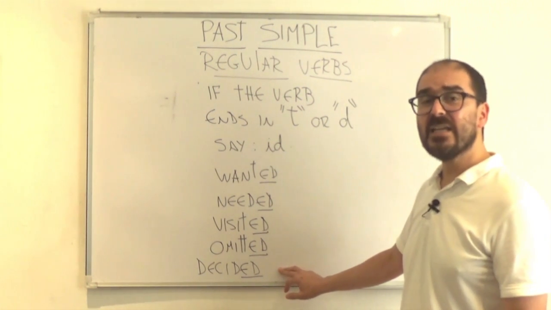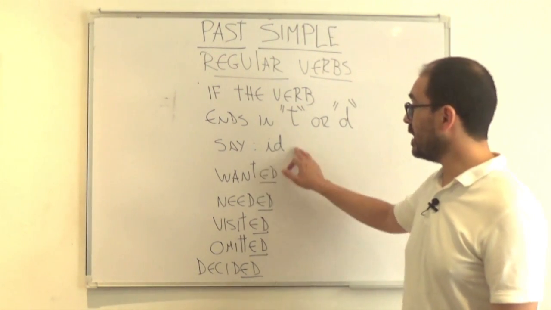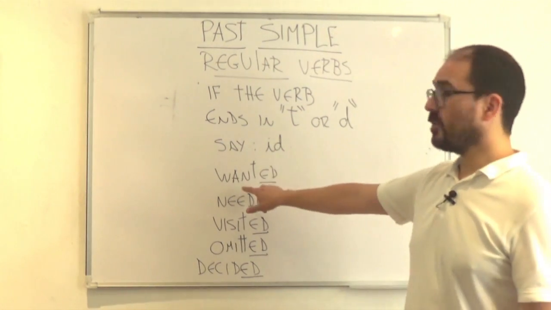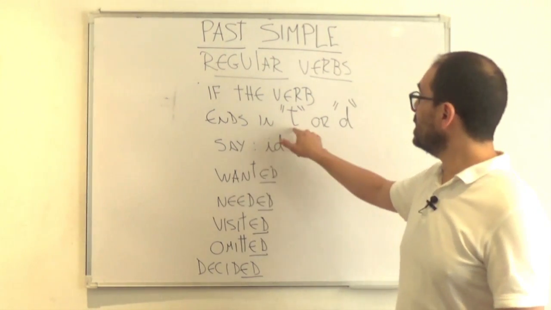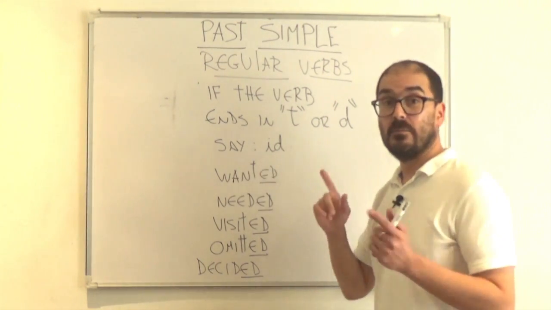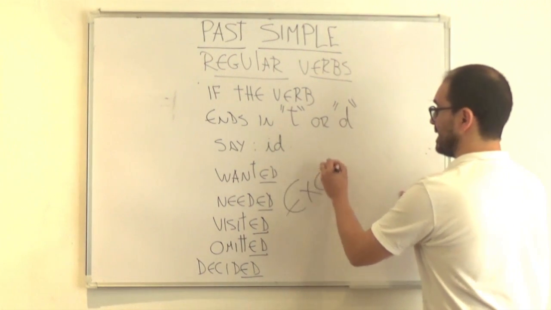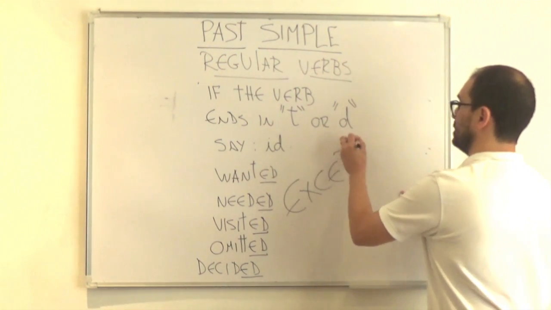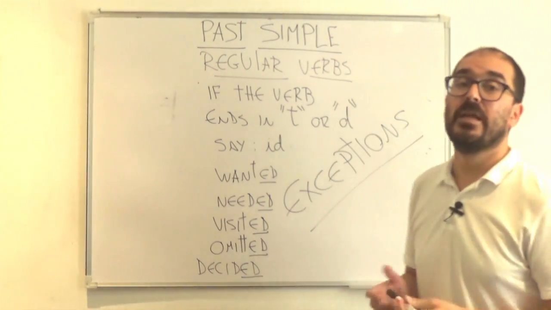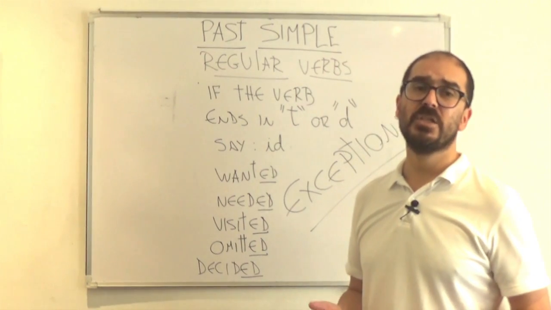And I decided to learn English. So we're talking about before. Once again, when we confront one of these verbs which end in T or D, then we can say id. But always remember that these are the exceptions. And the natural rule is to pronounce a T or a D.